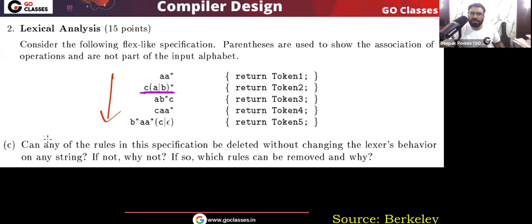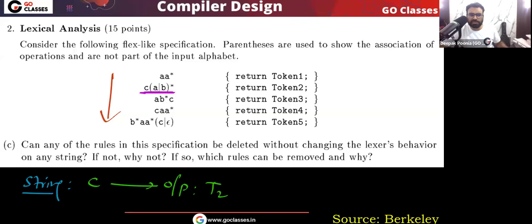Can I delete it? No, this rule also I cannot delete. Okay, here you can see that. For example, let me give you a string. Consider this string C. That's it. Only C. For this string C, what will be the output? The output will be token 2. Okay. So you can see that this rule also I cannot delete.